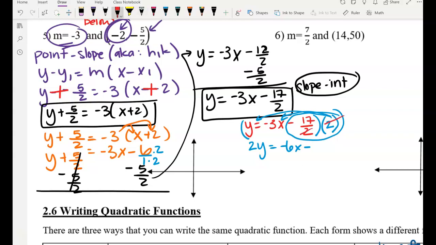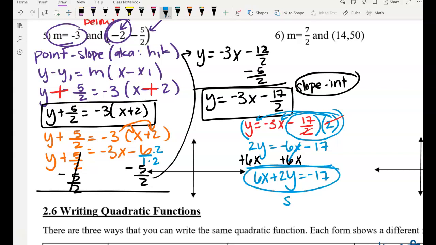So now we're going to have negative 17 in this particular case. Then we move the 6x in front, so add 6x to both sides. That's going to give us a positive 6x, and then drop down your positive 2y equals negative 17. This is going to be our standard form. So those are the 3 forms, okay? Standard.